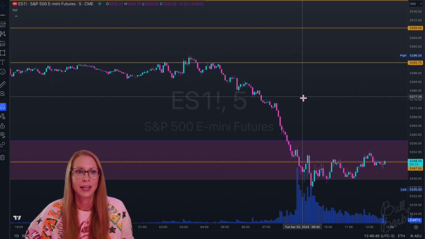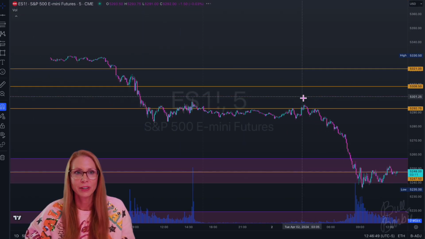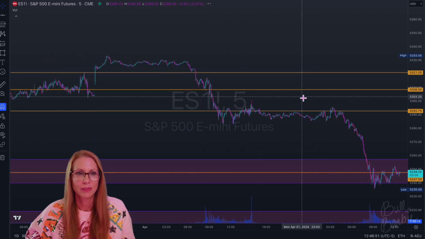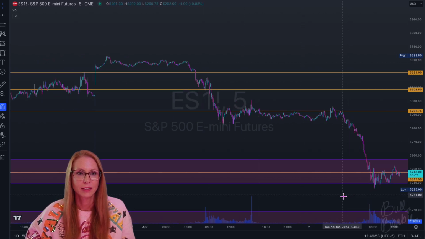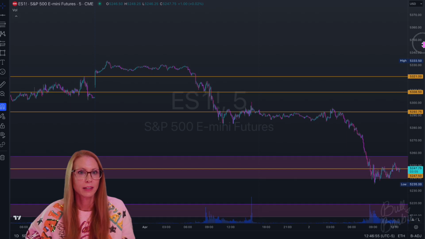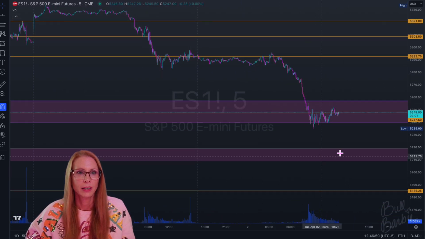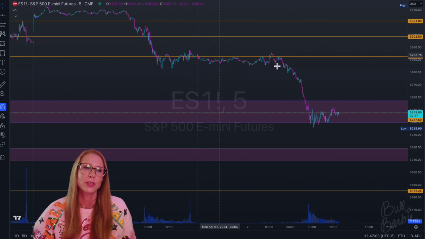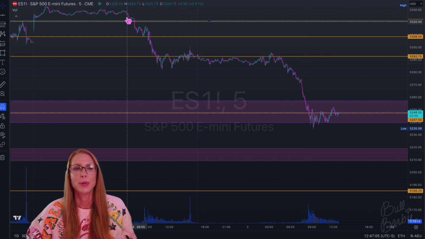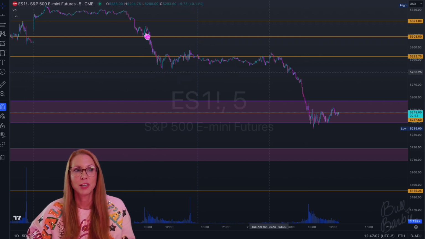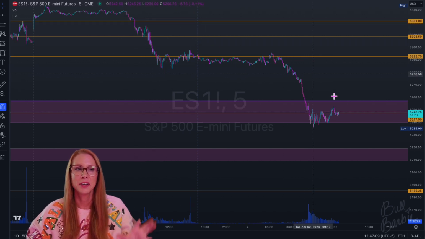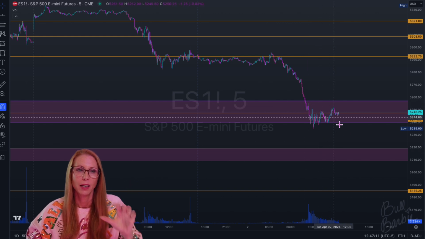And then when I zoom out further into the 5 minute, you can see how nicely all these levels are going to act. I'll zoom out this way for y'all too. So this is the next area. Just visually, you can see how big of a drop it is, right? That's about how big it is.